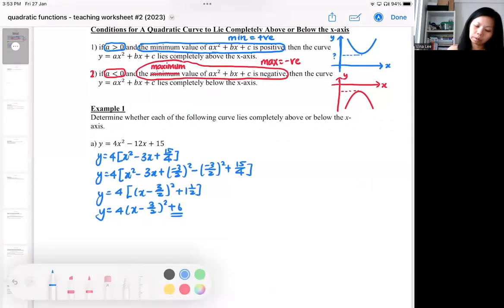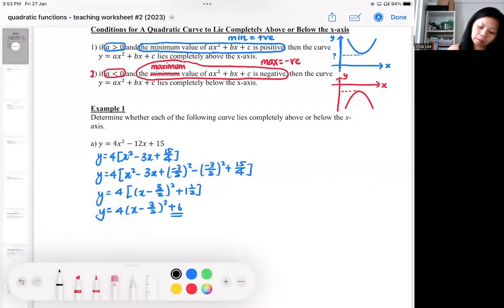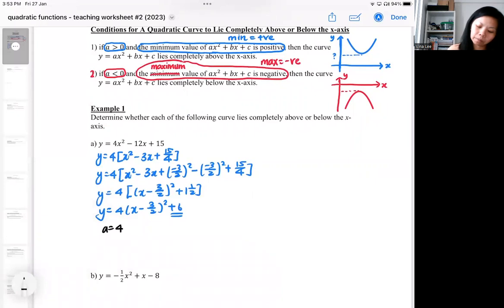From here, we can tell that a is 4 and the minimum value of the function is 6. If you look, it fulfills the condition.